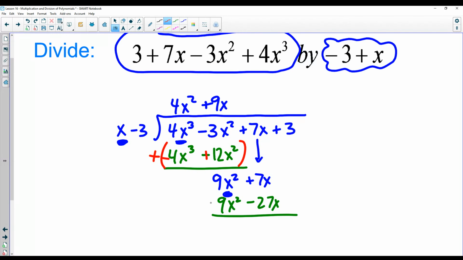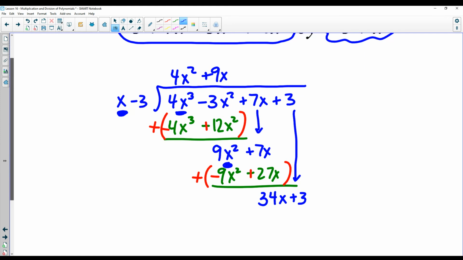Next step, subtract. Subtracting means add the opposite. Now we add. 7 and 27 should be 34, 34x.